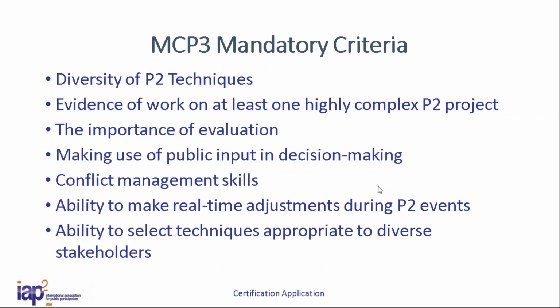We're also looking for evidence that someone has worked on a highly complex project, and by complex we mean something that's taken a long period of time, involved diverse stakeholders, perhaps involved an emotionally charged situation, something that's not your average P2 project. So the rest of these are the importance of evaluation, making sure that we know how to use the public input and decision-making process, conflict management skills, etc.